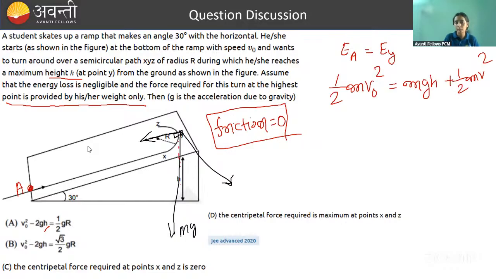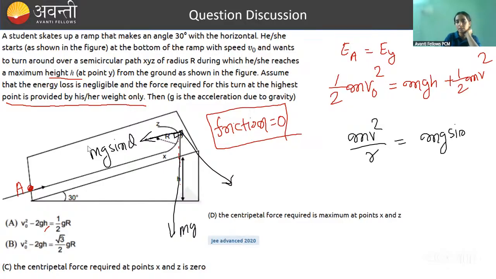And parallel to the plane, it will be how much? Mg sin theta. So definitely at point Y, mv square by r, that is centripetal force, is getting provided by mg sin theta.